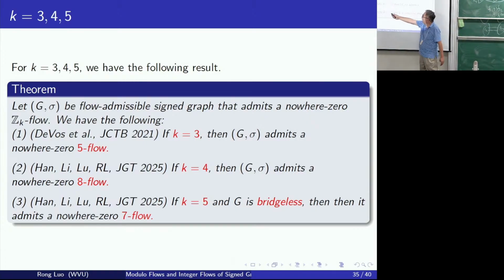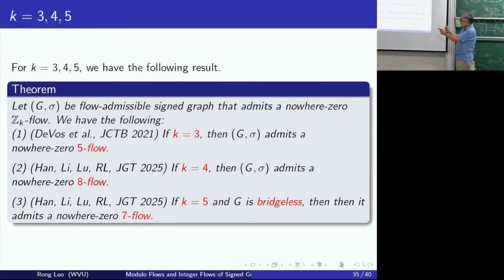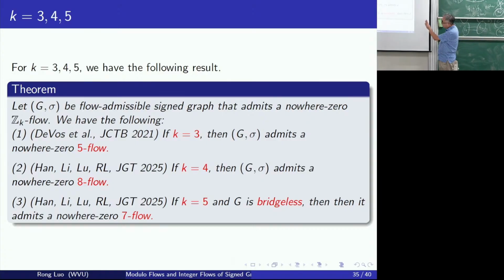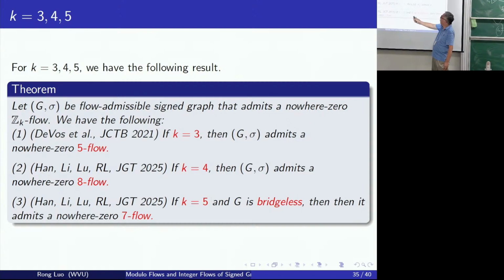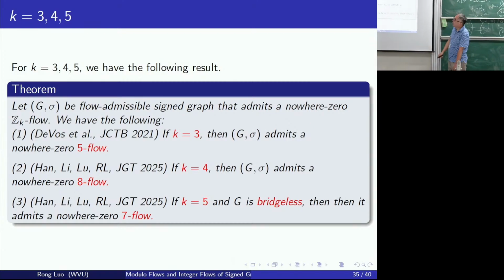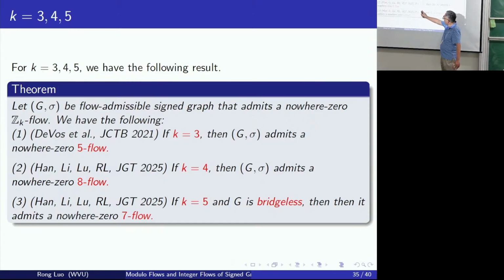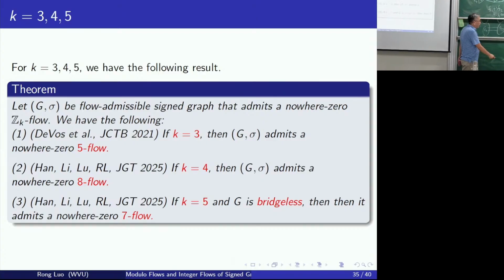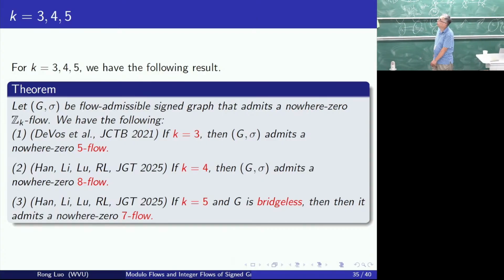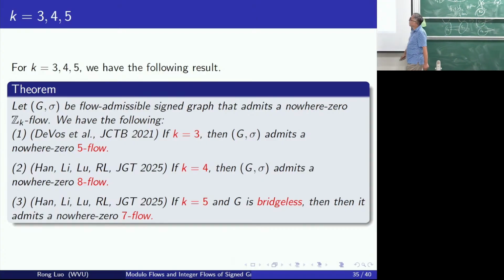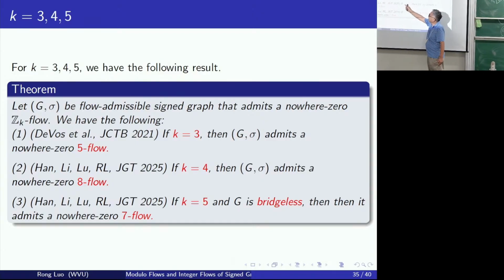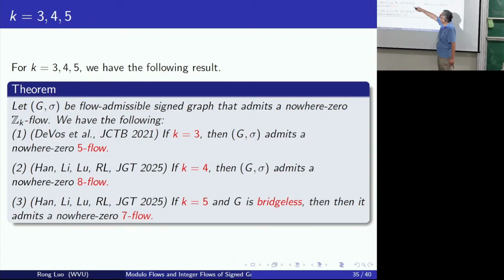When k is 5, a Z5 flow implies a 9 flow. But if we restrict the graph to be bridgeless, then it admits a nowhere-zero 7 flow. So Z5 plus bridgeless implies a 7 flow, but without the bridgeless condition it implies a 9 flow. It took us several years to figure out how to convert a Z4 flow into an integer 8 flow.